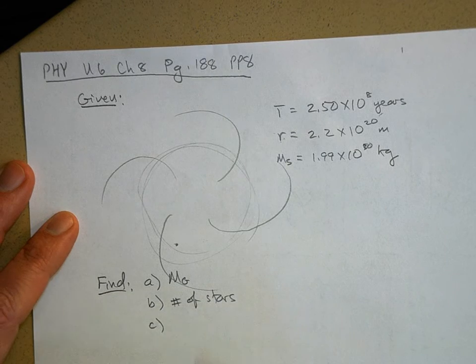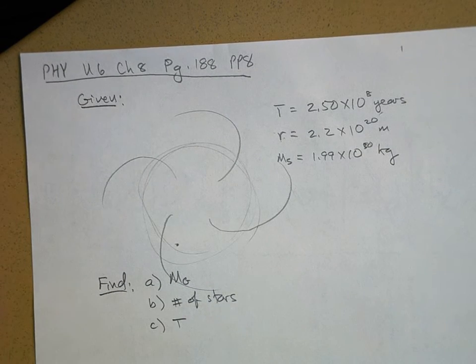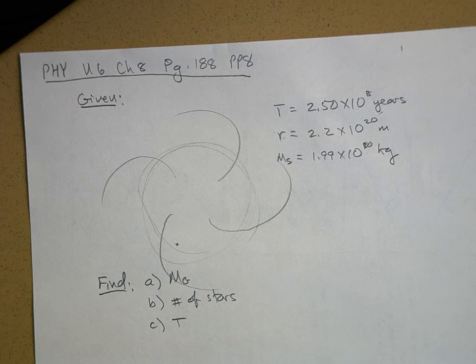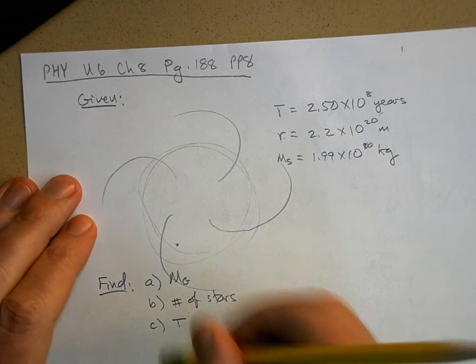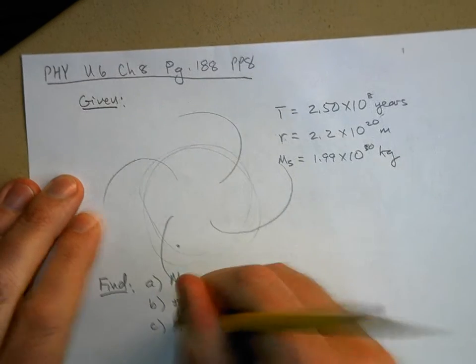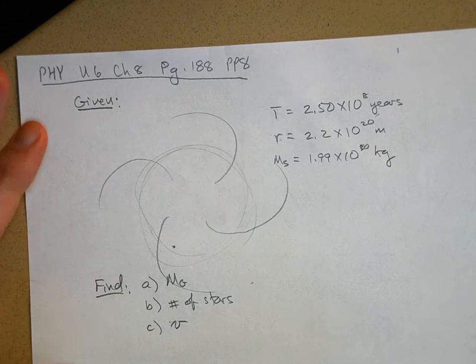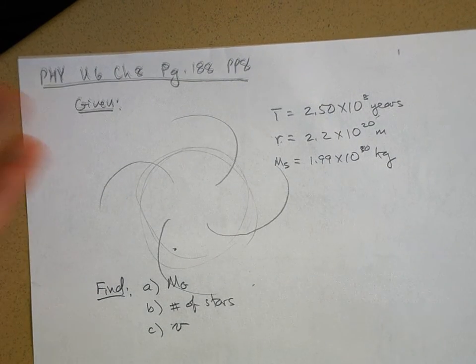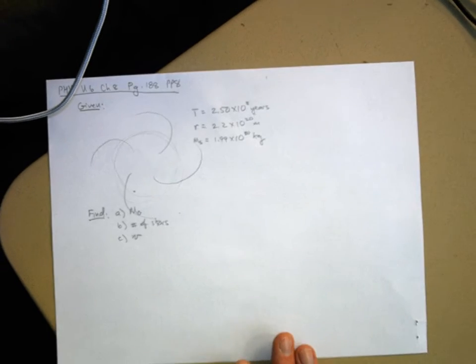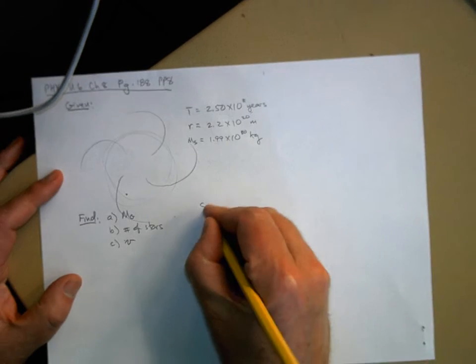And then C, the speed. As you're going to see, I'm going to do the speed first, I'm sorry, not the period. We already know the period. We want the speed of the sun. So let me zoom in further, and let's solve.